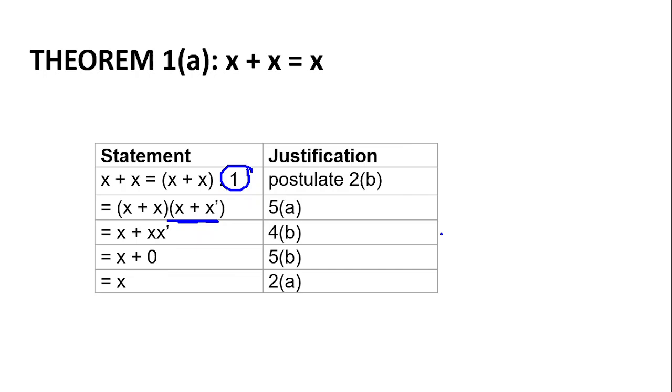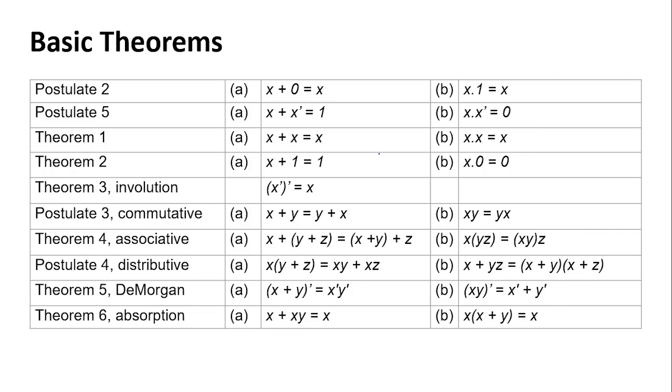Okay, now let's look at the postulate number 4 here. What does postulate number 4 say? Postulate 4 is a simple one. If you have x plus y dot y plus z, then you can combine y and z together and keep the x separate.